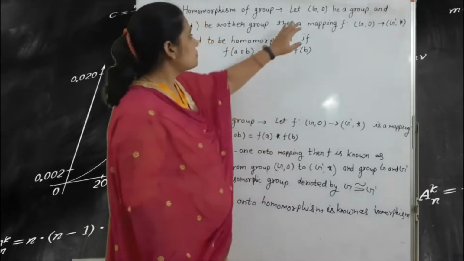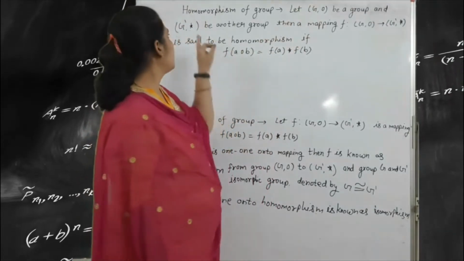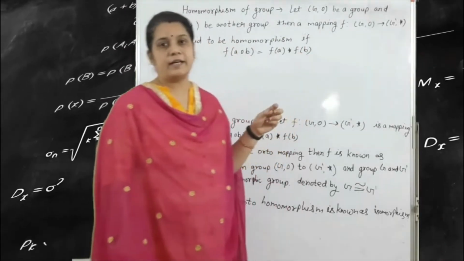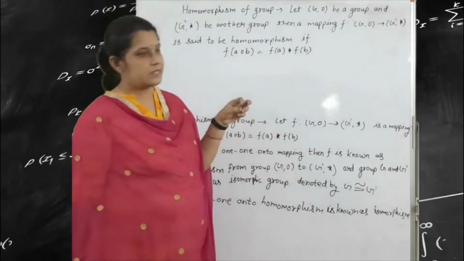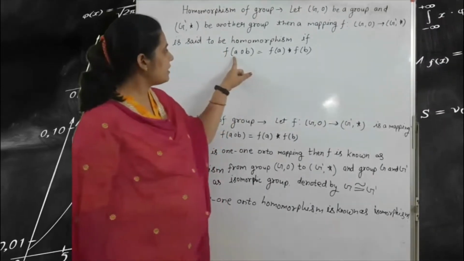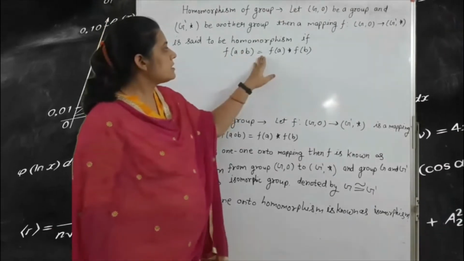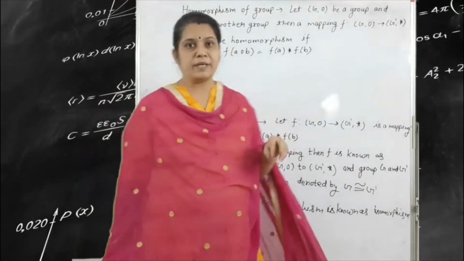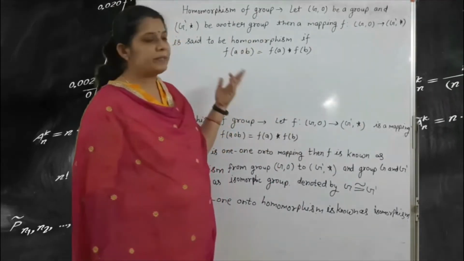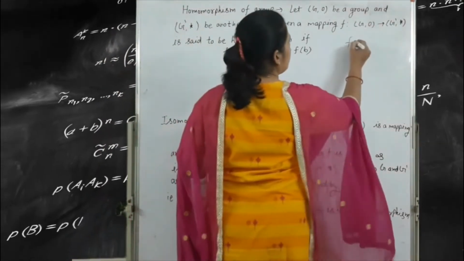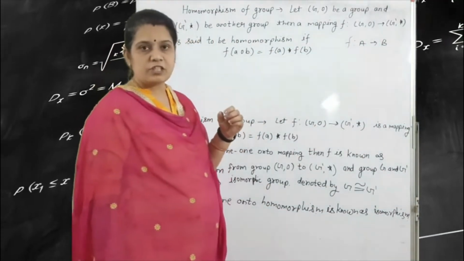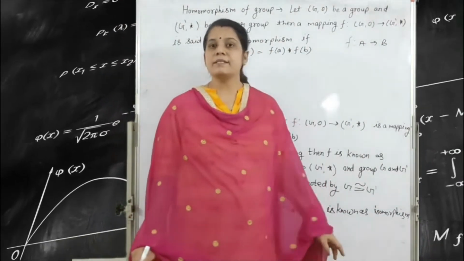Here G comma O is a group and G dash star is another group. Then a mapping F such that G,O to G dash,star is said to be a homomorphism if F(A O B), with O any operator, is equal to F(A) star F(B), where A and B belong to G. Mapping means that if we write F such that A to B, A and B are both sets according to chapter 1, where A is the domain and B is the codomain.